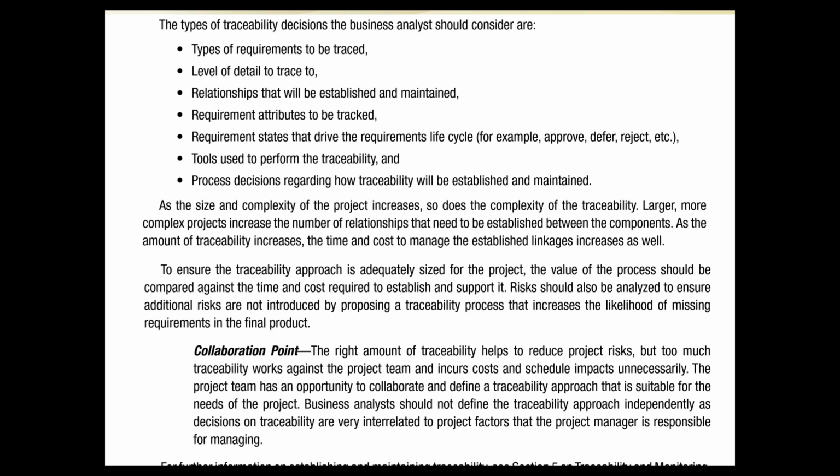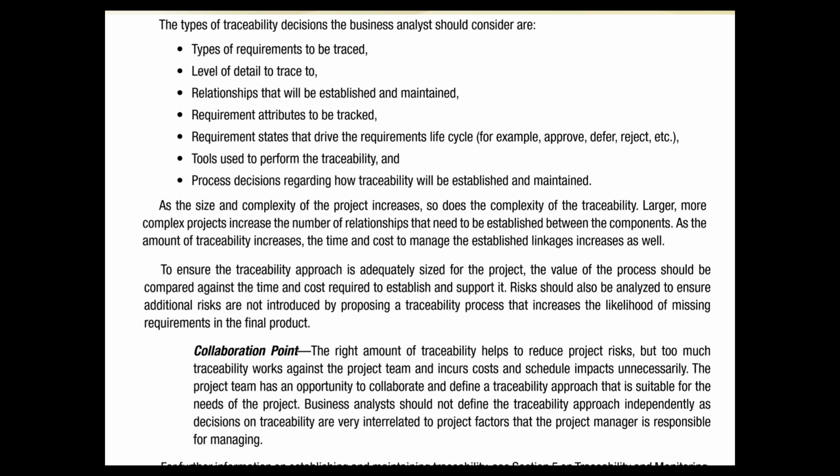To ensure the traceability approach is adequately sized for the project, the value of the process should be compared against the time and cost required to establish and support it. Risks should also be analyzed to ensure additional risks are not introduced by proposing a traceability process that increases the likelihood of missing requirements in the final product.